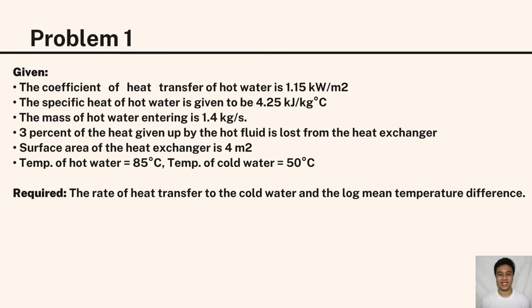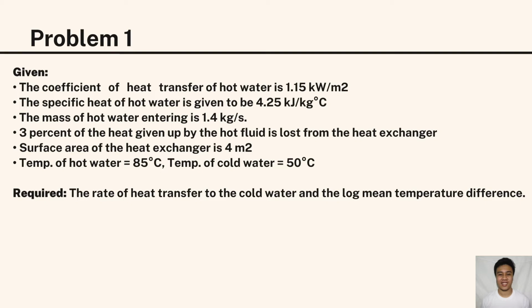So first, the given of the problem. The given of the problem are the following. The coefficient of heat transfer of hot water is 1.15 kilowatts per square meter. The specific heat of hot water is given to be 4.25 kilojoules per kilogram degrees Celsius. The mass of hot water entering is 1.4 kilograms per second.